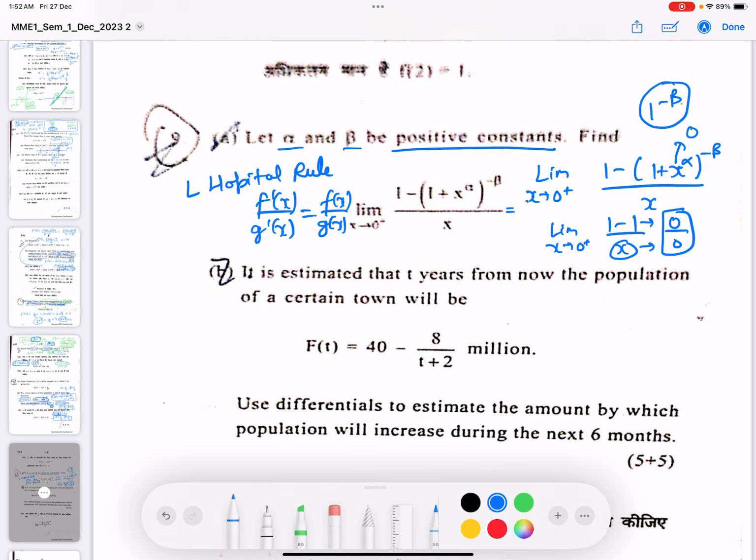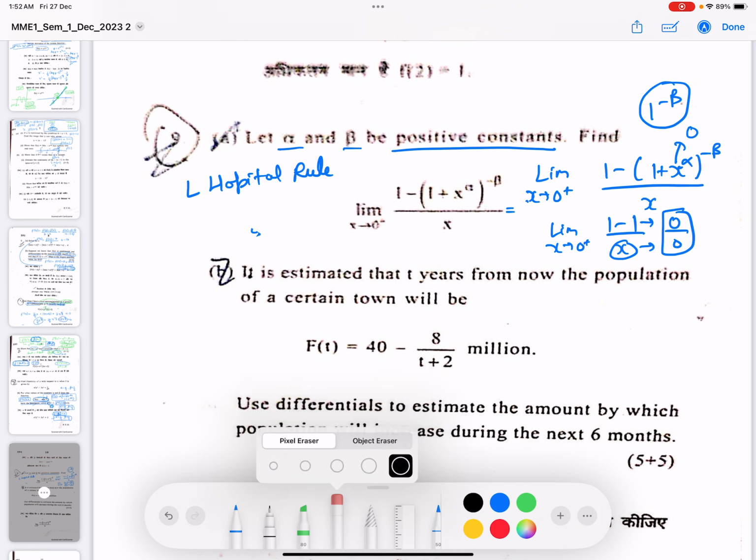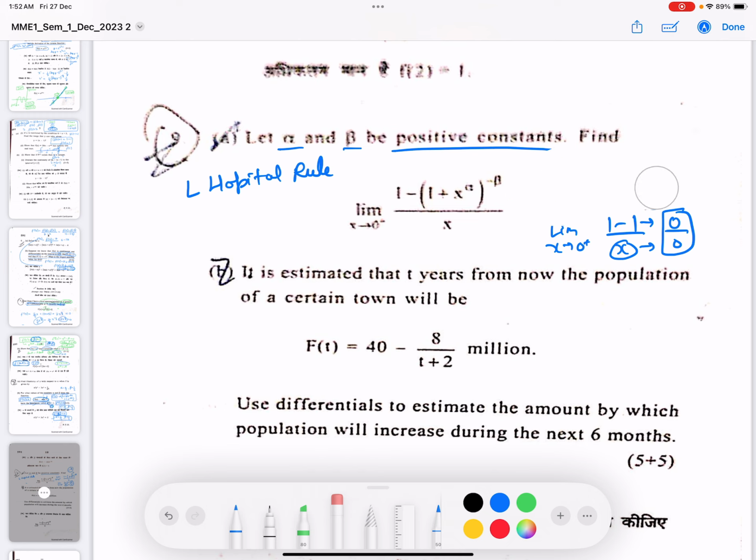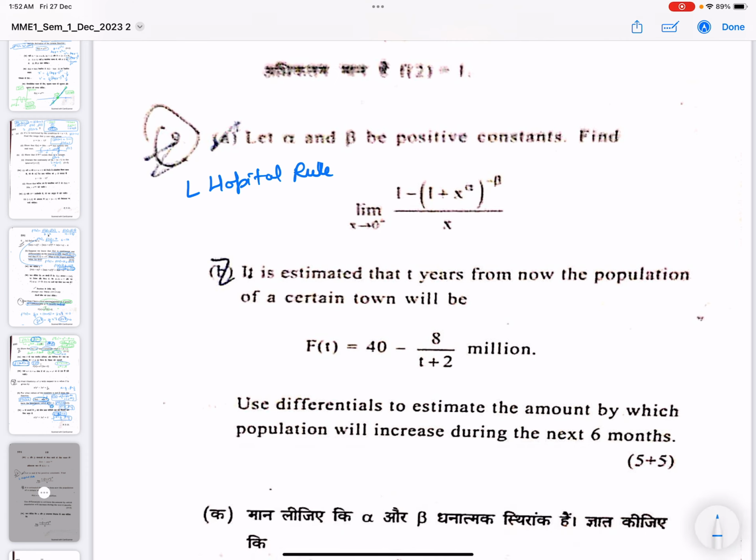Okay, I'll just make some space here. So we need to find the limit. The derivative of the denominator would be 1.